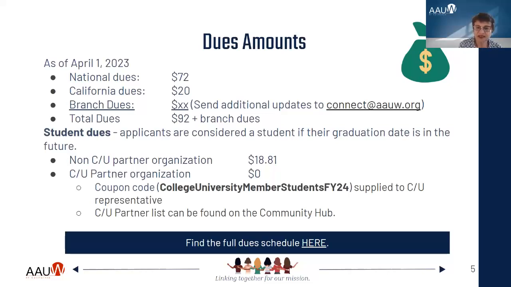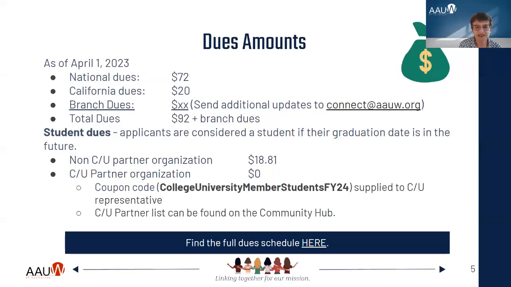There had been a message from National around the February timeframe for branches to send in their updated branch dues, around mid-March or so. But I think some of the branches had their meetings to determine their new dues rates after that. So if you didn't update your branch dues at that time, you can send a message to connect@auw.org to update the dues now.